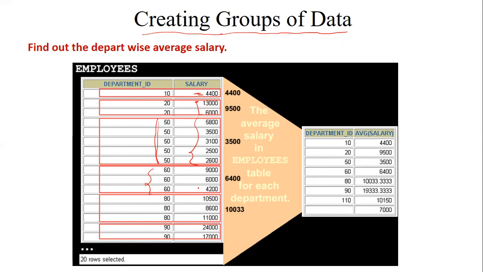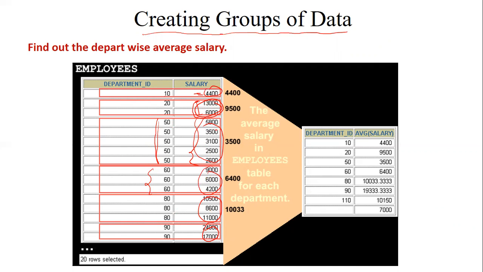Now, if you want to identify the department whose average salary is maximum, how can you identify it? Then you have to compute the average on the group. Average of these two, average of this one, average of this group, and average of this group, like that, right?